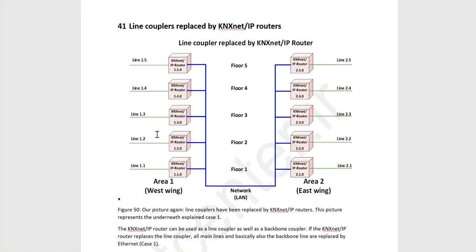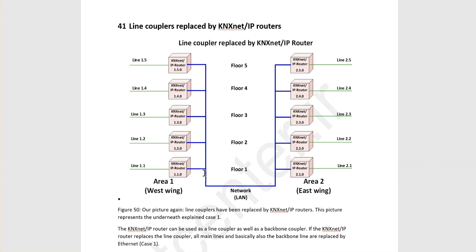So with this setup, the book said you can replace the upper side of the topology with IP, and there is no need for any backbone coupler or power supply in the backbone line or the main line.